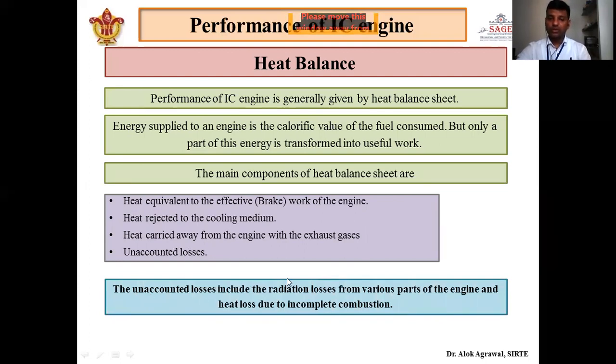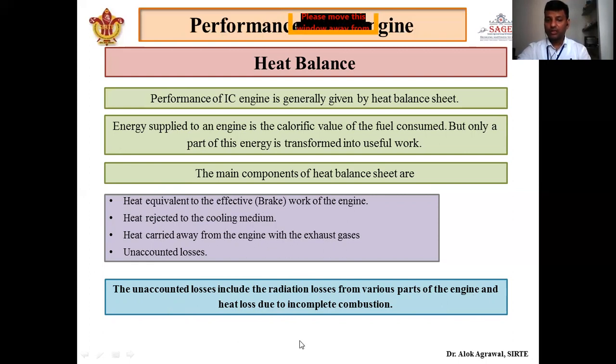So what are these unaccounted losses? They include losses like radiation losses, because radiation is associated with temperature, and when combustion occurs, the temperature of the system is increased. Because of that high temperature, there will definitely be loss due to radiation. Again, there are various parts of the engine, and heat loss due to incomplete combustion as well.